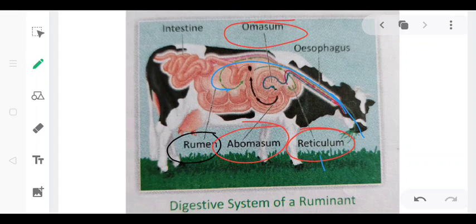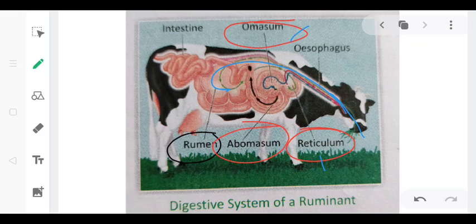The rechewed matter is now swallowed for the second time. Bypassing the first two chambers, that is rumen and reticulum, it enters the third chamber, which is the omasum. Here the food is broken down into smaller pieces and excess water is absorbed.